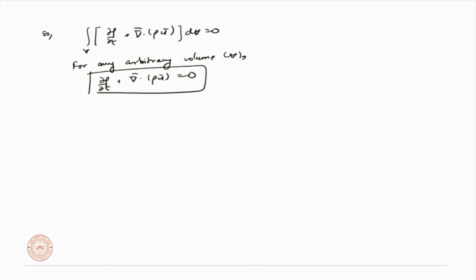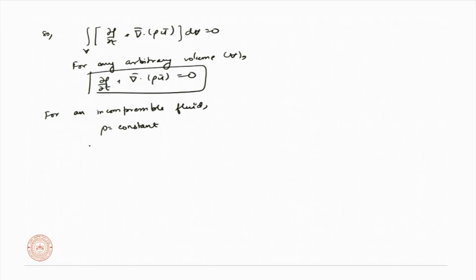Now, if the fluid is like water or a liquid, most liquids are incompressible. So, for an incompressible fluid, our density is a constant and does not change.